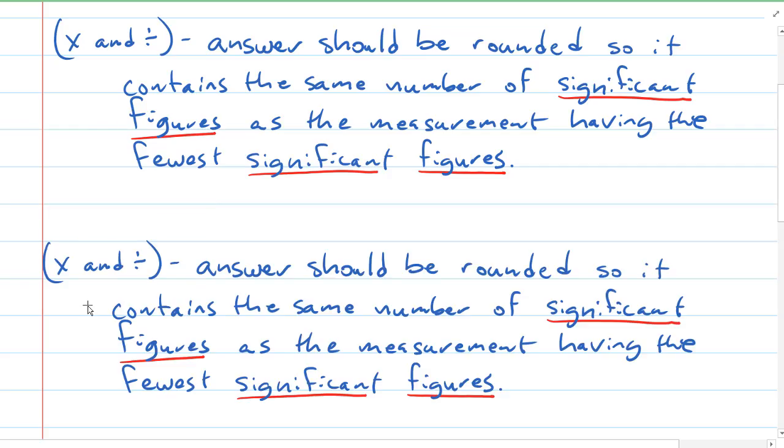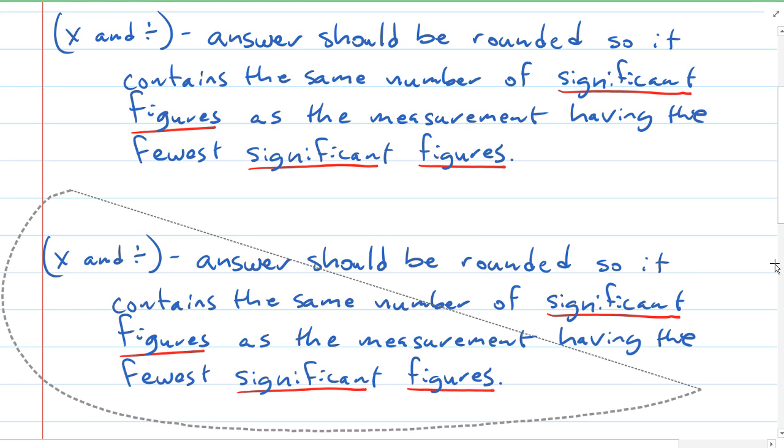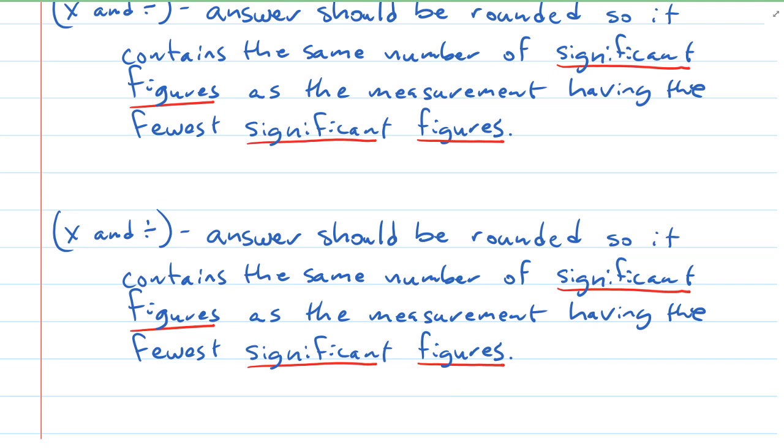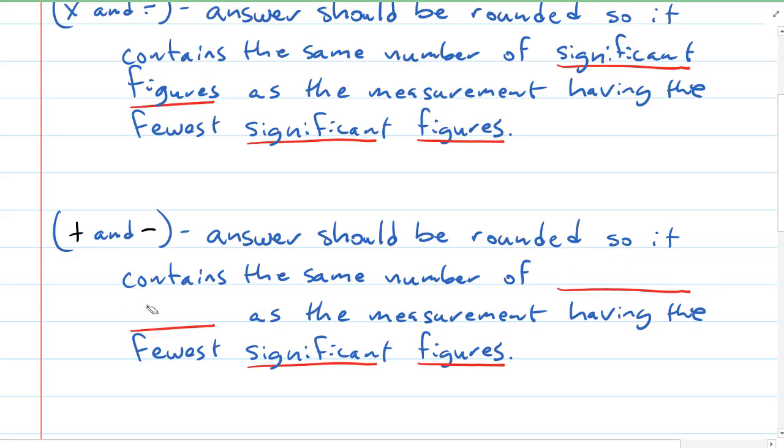And now I'm going to change this just a little bit. I'm going to change this to be no longer multiplication and division, but addition and subtraction. It turns out that I just need to change a couple words in here. I'm going to get rid of significant figures.